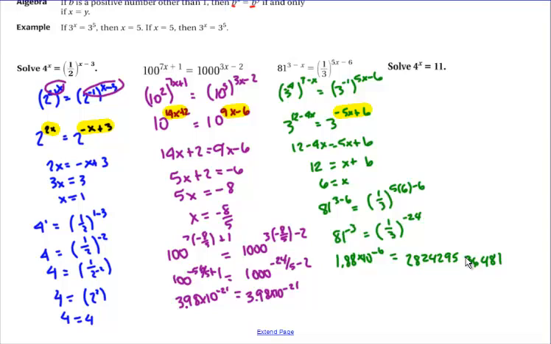So if you do this like you did your Algebra 1, and you were told to check and you checked it incorrectly, this is where you can run into some issues.